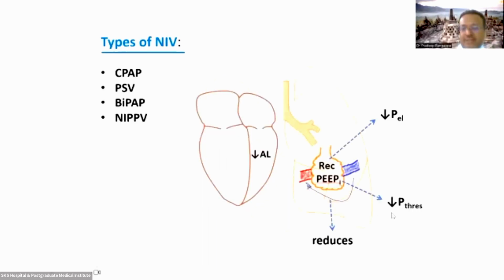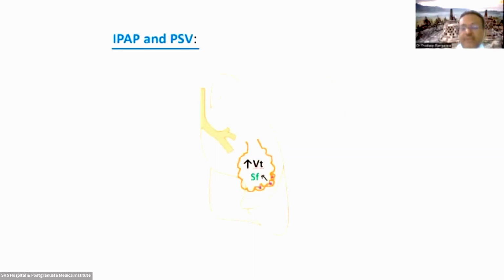So this is with regard to the pressure support or only the CPAP that you give. But in NIV, in COPD, we add inspiratory positive airway pressure along with the CPAP or the pressure support ventilation. So we add IPAP. The inspiratory pressure that we add, what does it do? It increases the tidal volume. And this increase in the tidal volume in the alveoli is needed to reduce your CO2.